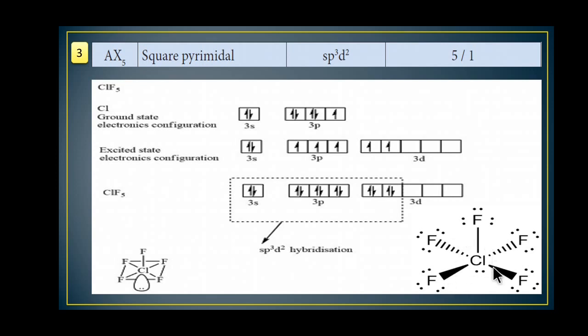Total number of bonds 1, 2, 3, 4, 5. So bond pairs are 5 and lone pair, the non-bonding excess of electrons, is only 1, so it is considered as a lone pair. Now the hybridization in Cl: the ground state electron configuration is 3s2 3p5.